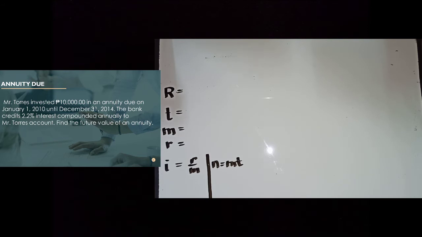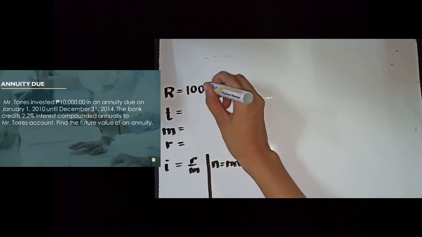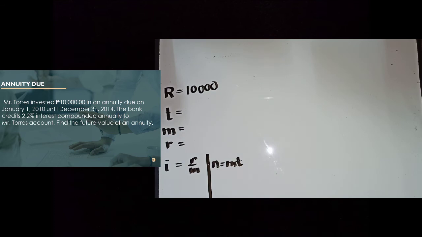So what are the given? The value of R is 10,000. How about the value of T? Ano yung value ng T natin? Again, this T is the time in years.